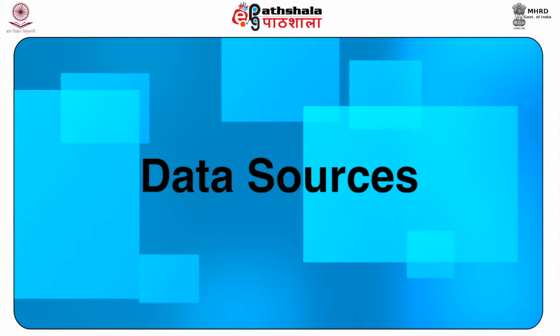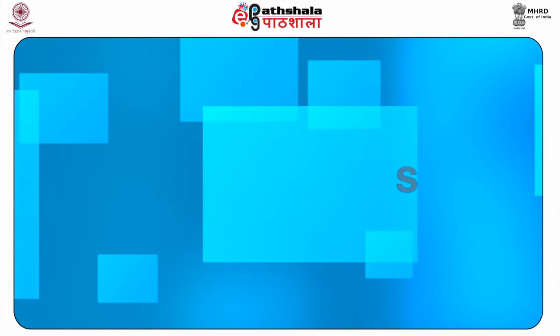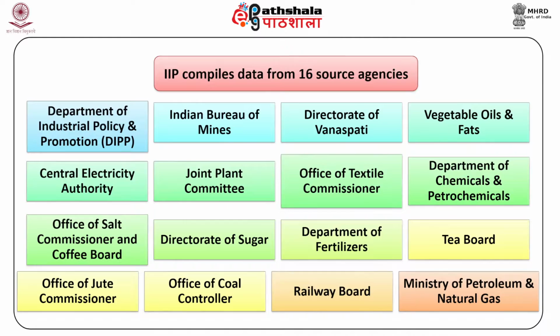Now let us discuss the data sources. IIP compiles data from 16 source agencies, viz.